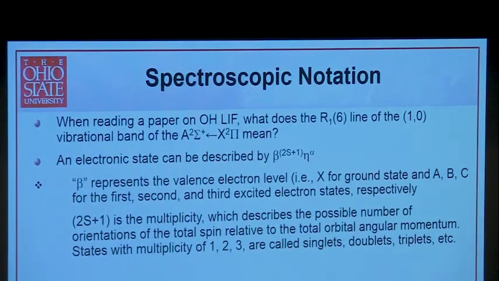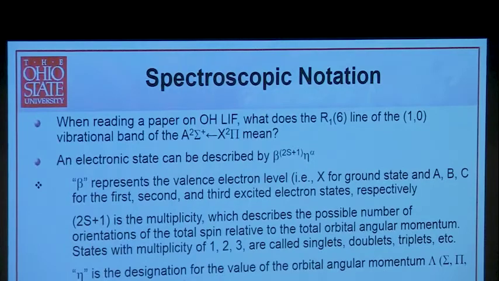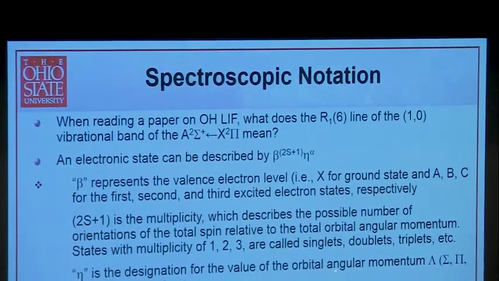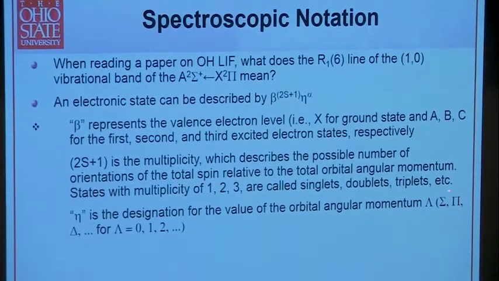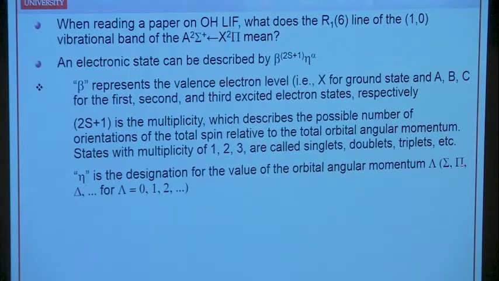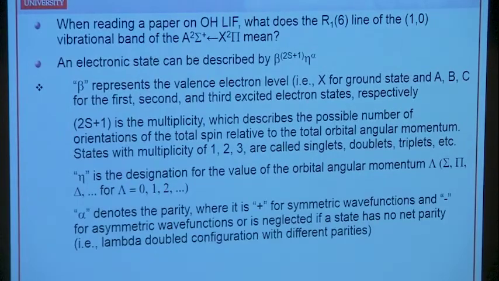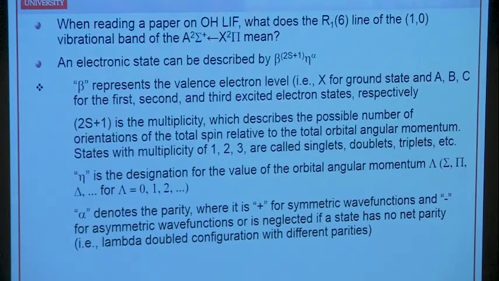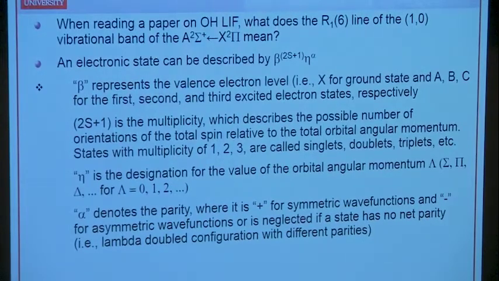Okay, and then Eta is the designation of the value of the orbital angular momentum. Okay, and these all have very classic spectroscopic notation. They go sigma, pi, delta for lambda equal to 0, 1, and 2. Alpha is the parity. It's plus for symmetric wave functions. It's minus for antisymmetric wave functions. Okay.